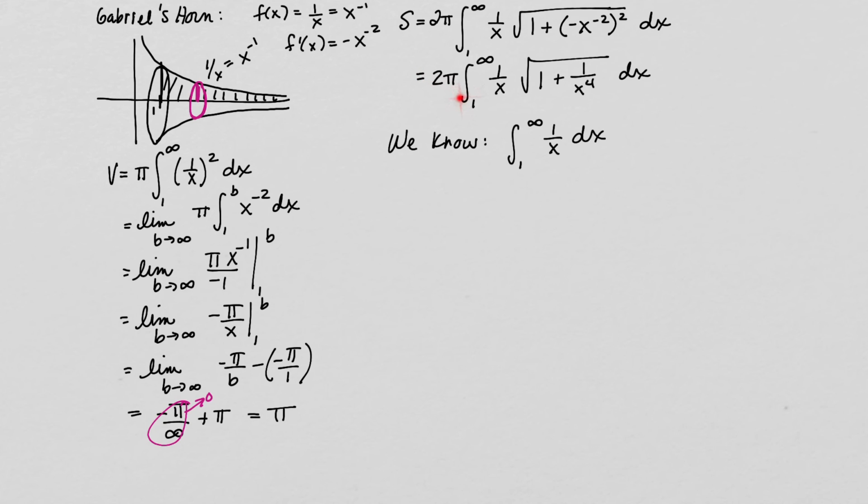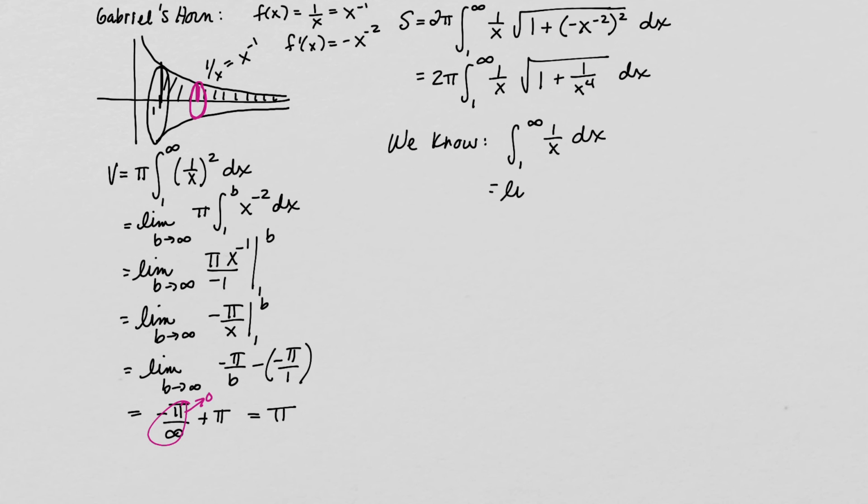You might ask, how do you know that? Well, it's 1 over x times something, and this something is bigger than 1. It may be really close to 1, but it's still slightly bigger than 1. So this function is bigger than 1 over x, so when I take the integral, it's going to be bigger.